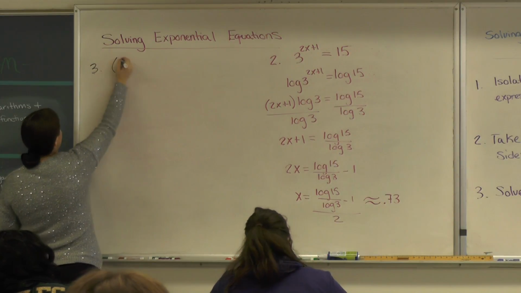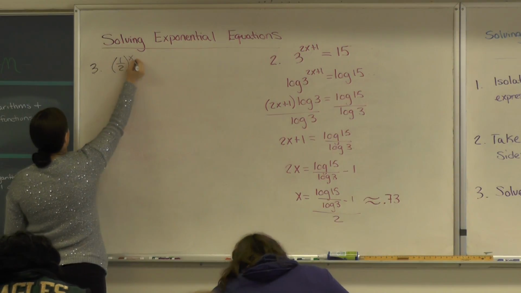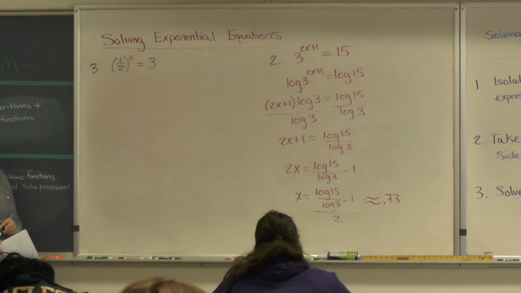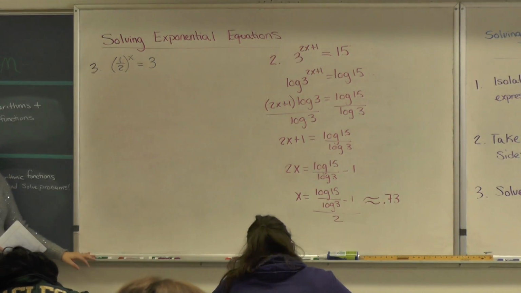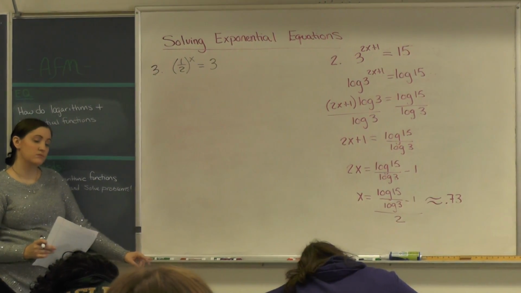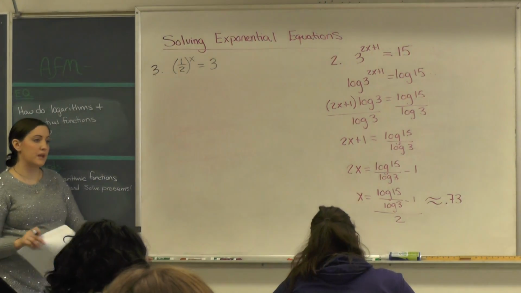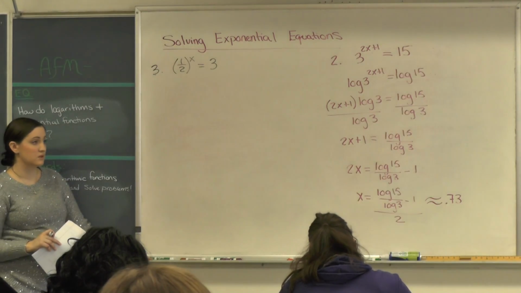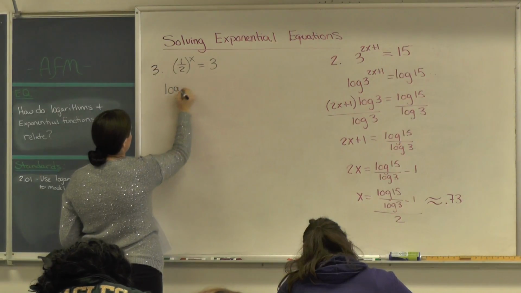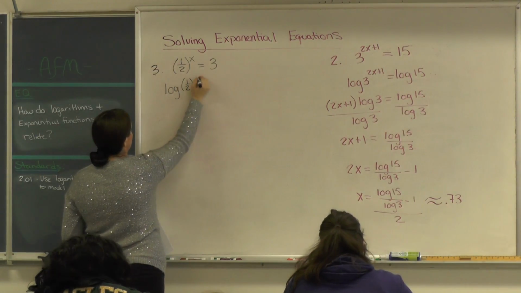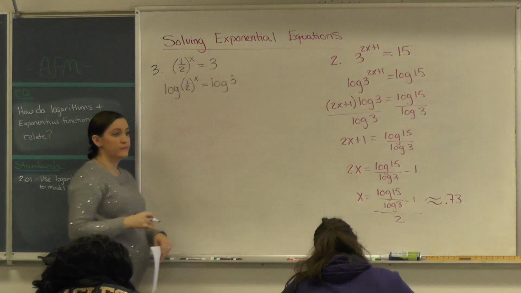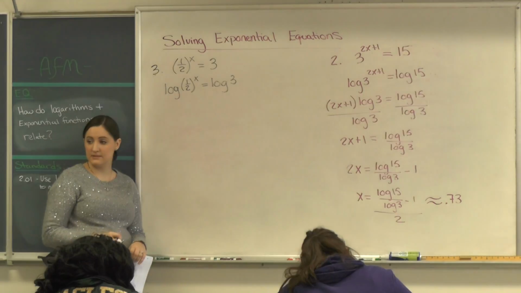Okay, third example. One half to the power of x equals 3. What would I do first? Take the logarithm of both sides. What happens to my x?